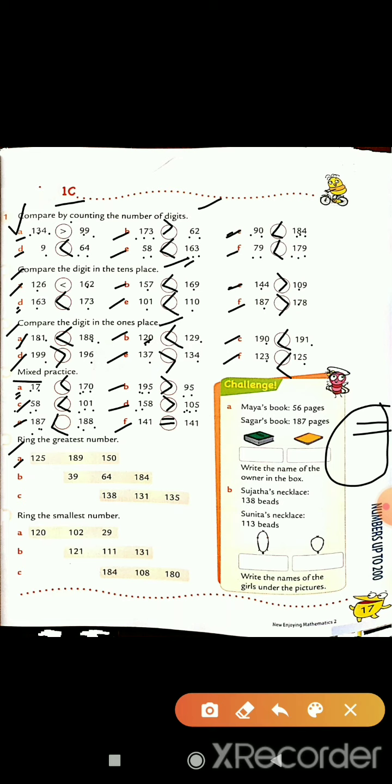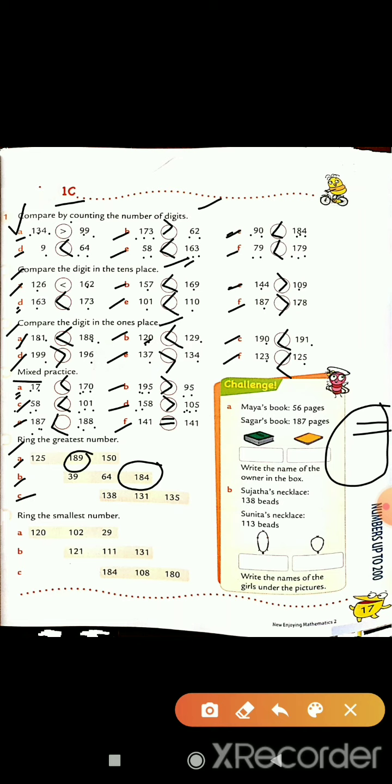From these three, which number is the greatest? 189, so we have to circle 189. B1, 39, 64 and 184. 184 is a 3 digit number, whereas other two are 2 digit numbers. So 184 is the greatest number, so we will circle 184.